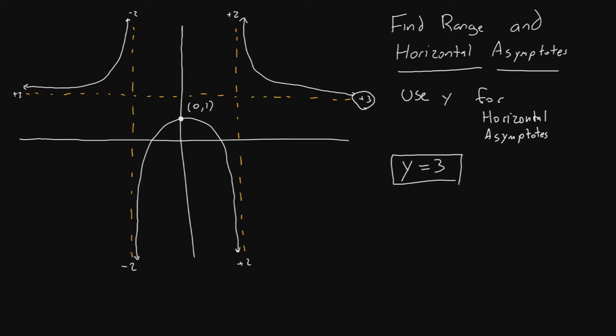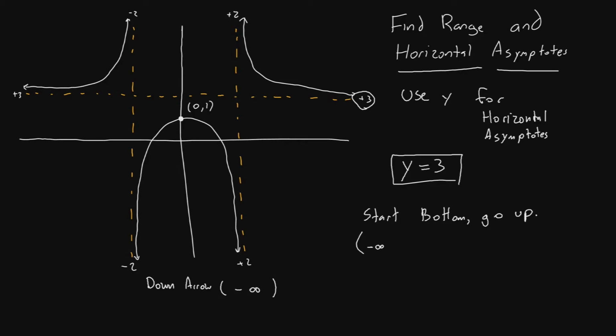Now for range, we want to start at the bottom and work our way up. So at the bottom we have a down arrow. And the down arrow will represent -infinity. So we'll begin by saying our range begins at -infinity.